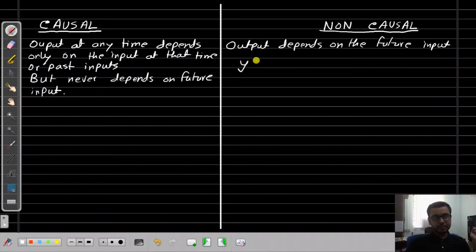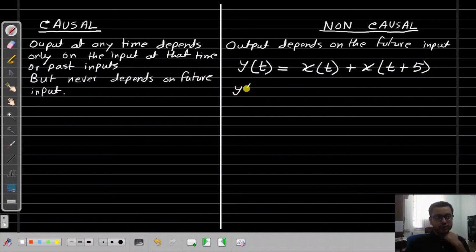Say I have a system which is given as y of t is equal to x of t plus x of t plus 5. Then to calculate the output at time t equal to 10 seconds, I need to know the value of the input at 10 seconds as well as at 10 plus 5, 15 seconds.